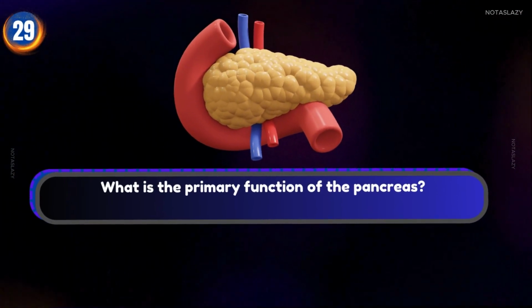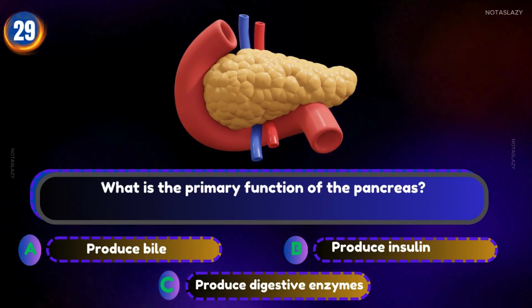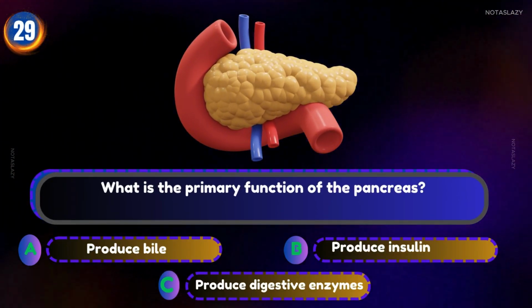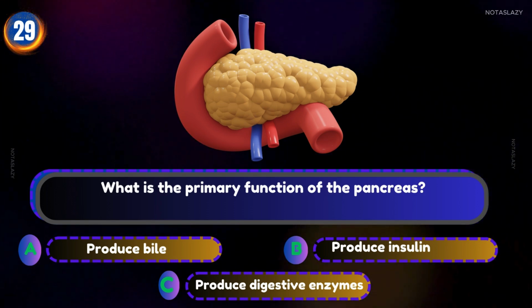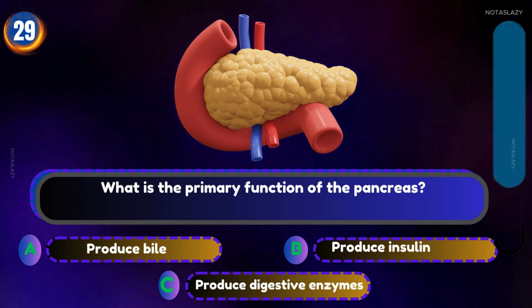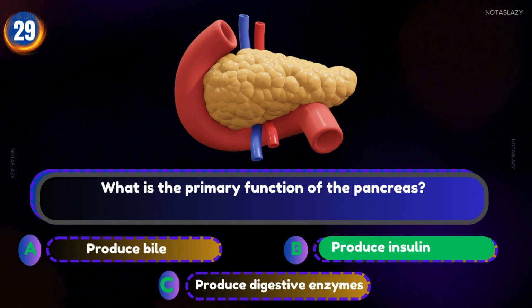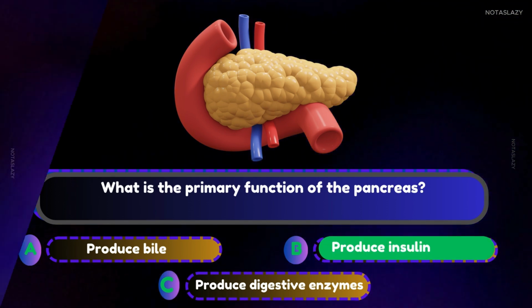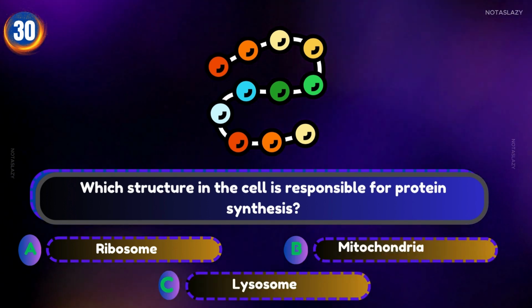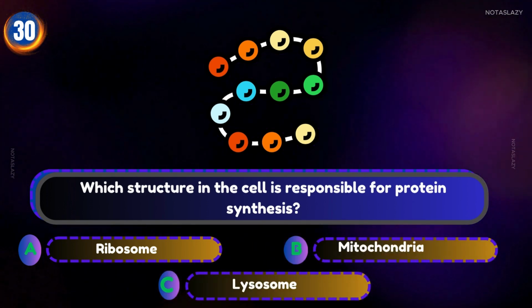Osteoclast. What is the primary function of the pancreas? Produce insulin. Which structure in the cell is responsible for protein synthesis?